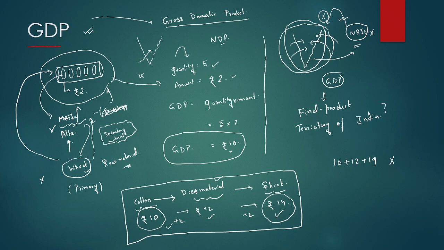So now you know how to calculate the GDP of a product. Suppose this is one shirt, so 1 into 14, so GDP of India is 14. To get the total GDP, we will add this 14 and this 10, which is 24. So this is how GDP works.